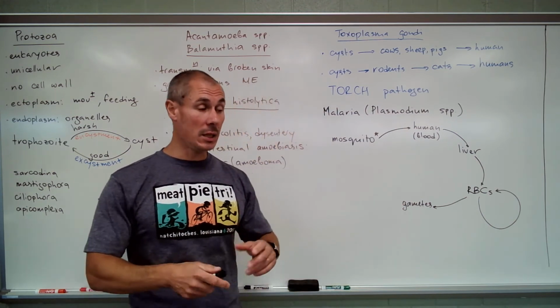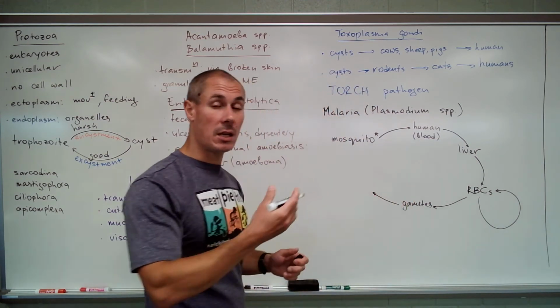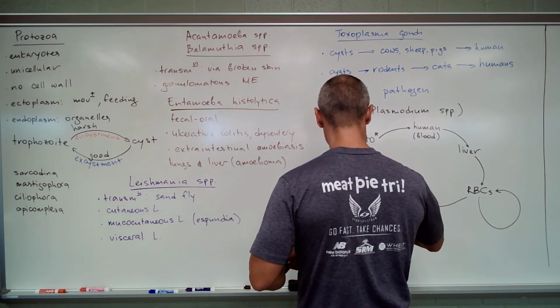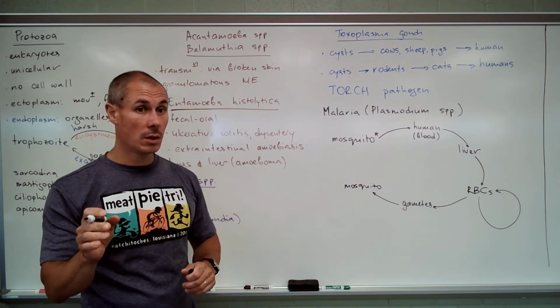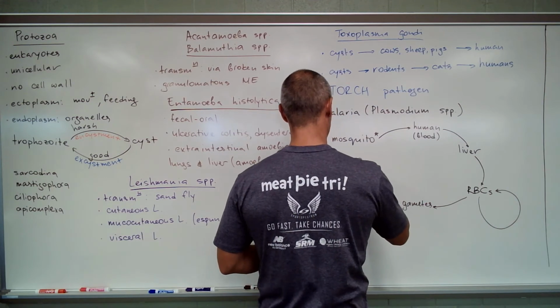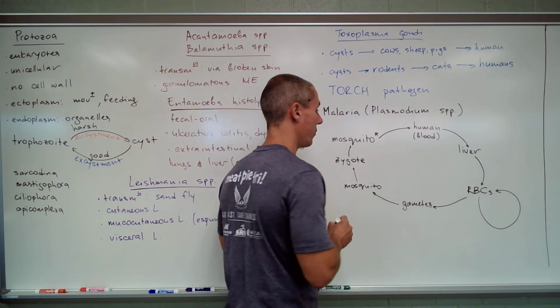Then these gametes will be taken in by an uninfected mosquito. Does that make sense to you? And when gametes fuse, they fuse into the zygote. Now you have an infected mosquito.